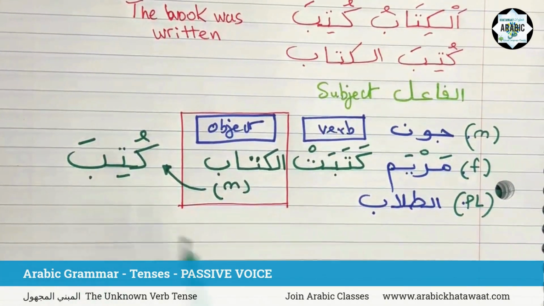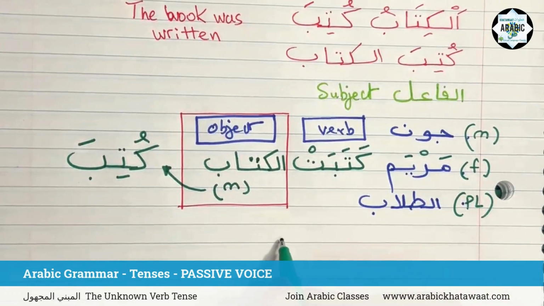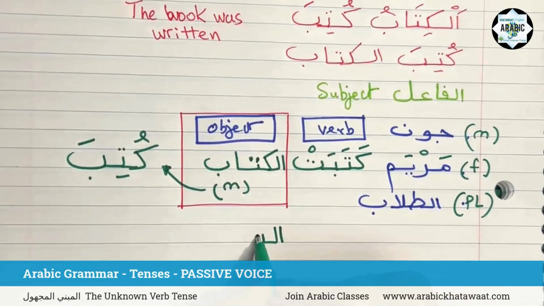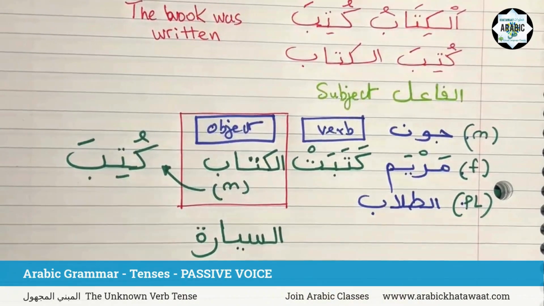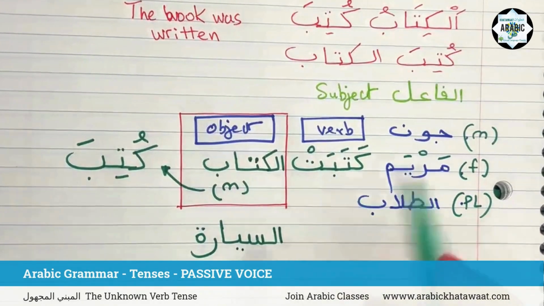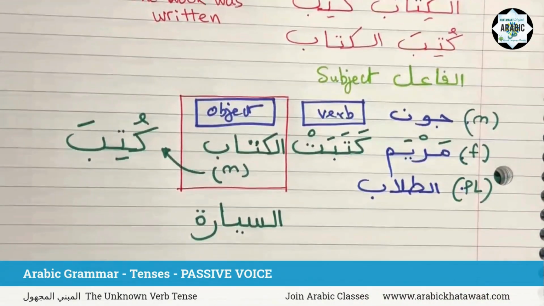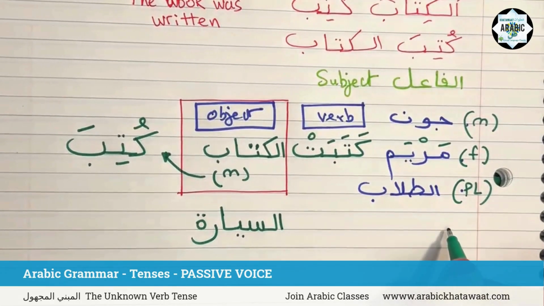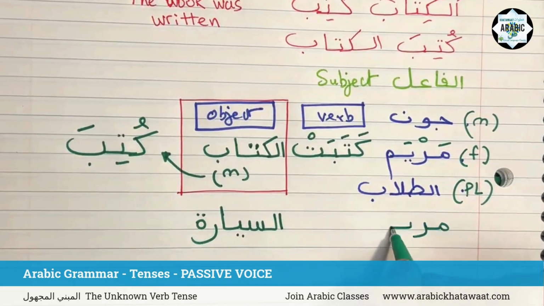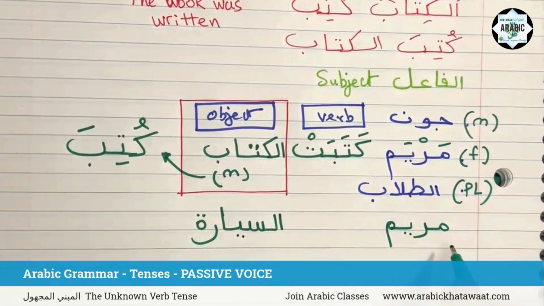If I decide, or let's say I have decided to use sayara, we use basic words so you can resonate with how you can change your vocab here. I can say Maryam again, or Ahmed, or Ali.